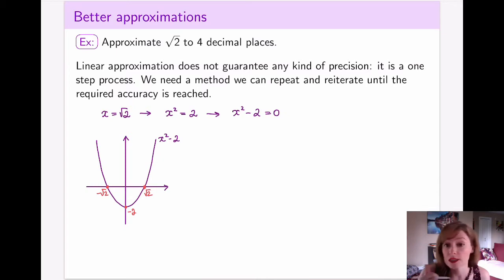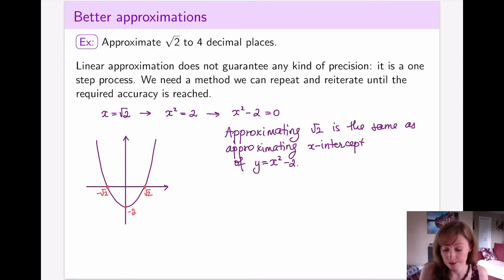They're also called zeros. But among other things, this is the thing that I'm trying to approximate. So notice that approximating square root of 2 has now become an equivalent problem to approximating a root or a solution to this equation. And graphically, that means approximating the x-intercept of this function.